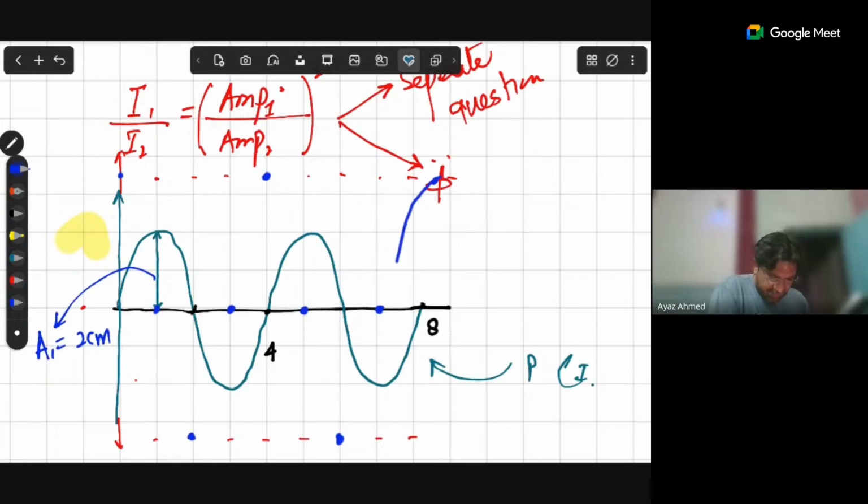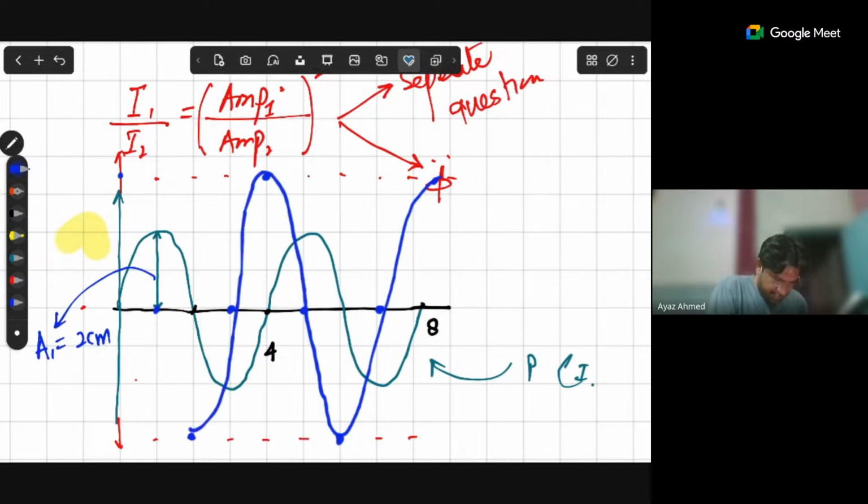So I'm drawing this wave this way. This is the wave which you will have according to these conditions.